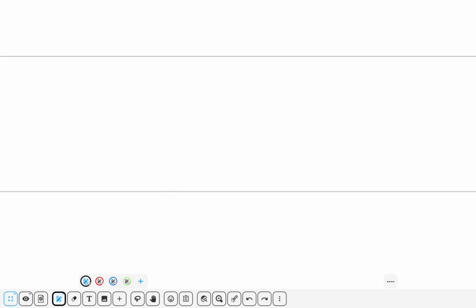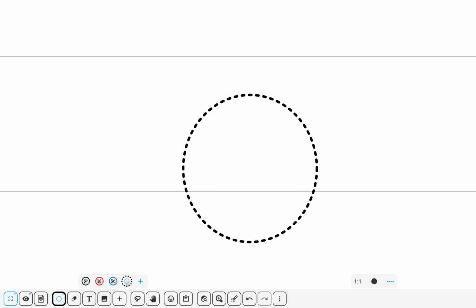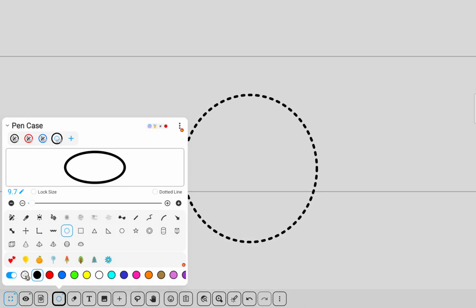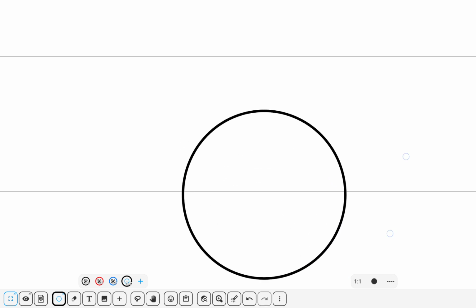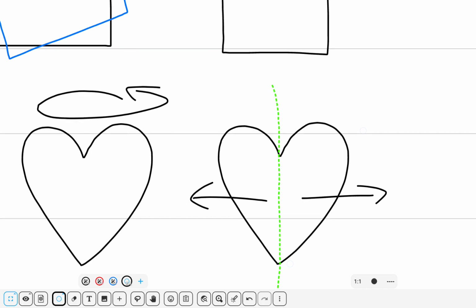Let me take a circle. If I have a circle, the circle is even better, because for this heart I have to give a very specific kind of tilting, like I have to rotate it to a very specific degree, and here it happens to be 180 degrees.